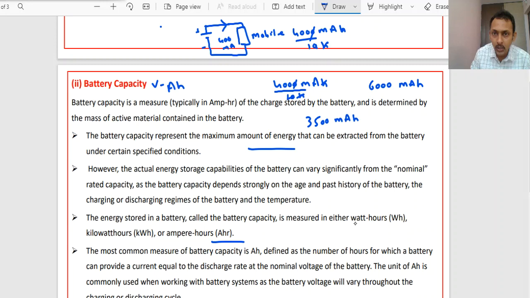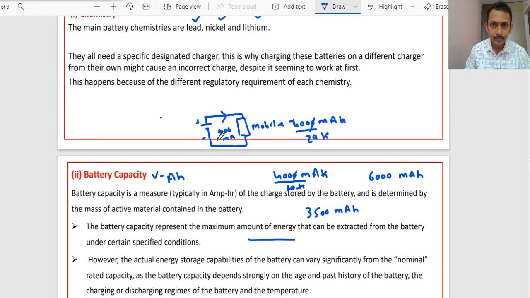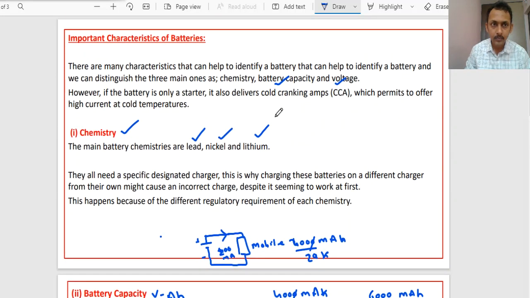Of course, if it is working for 20 hours with the same capacity, how do you understand that? It is going to draw some 200 milliamps of current. Your entire circuit board or setup is drawing some 200 milliamps of current, right? Yeah. Thank you.